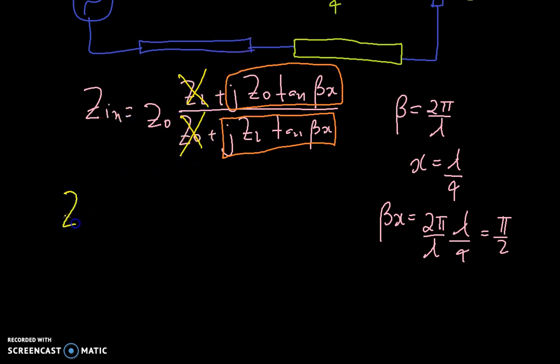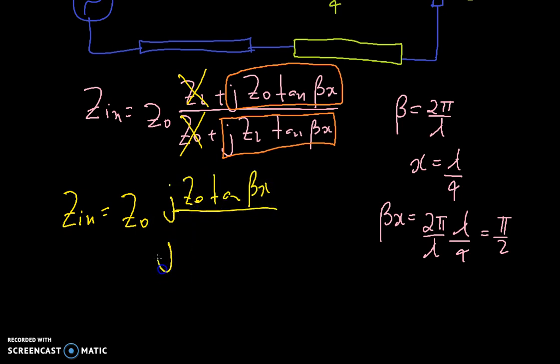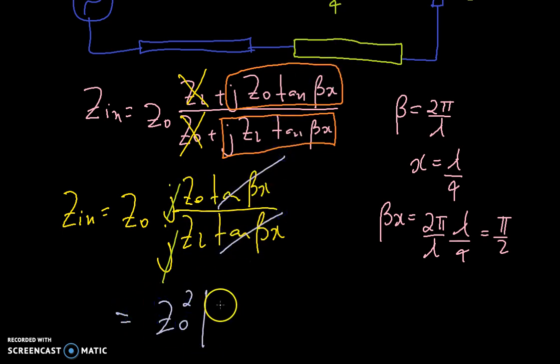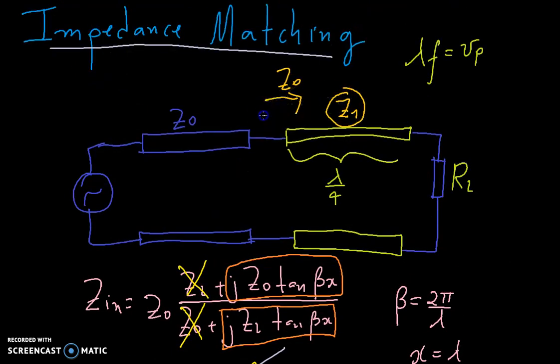So the formula will be Zin is equal to Z0 times j Z0 tangent of beta x divided by j ZL tangent of beta x. And so of course this j cancels with this j, and this tangent cancels with this tangent, so the formula will be equal to Z0 squared divided by ZL. This is the input impedance looking into right there.